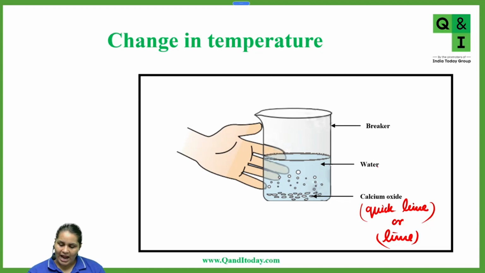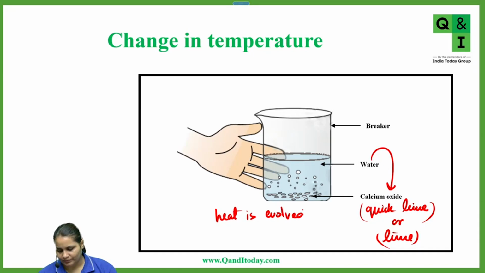So when you add water into it, the temperature of the beaker rises. It means heat is evolved, or heat is released during the reaction. So that's the indication some reaction has occurred.